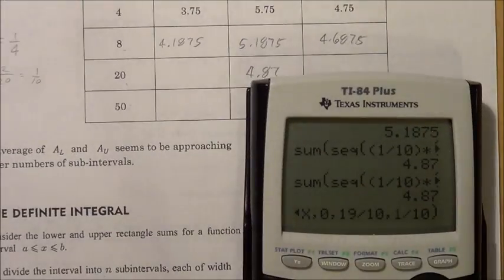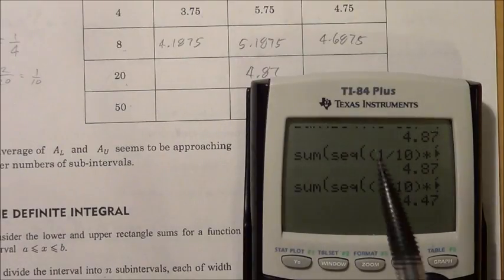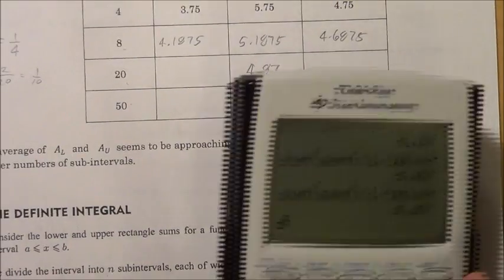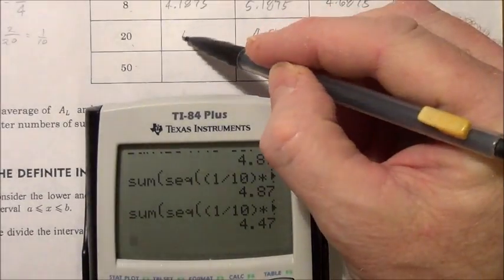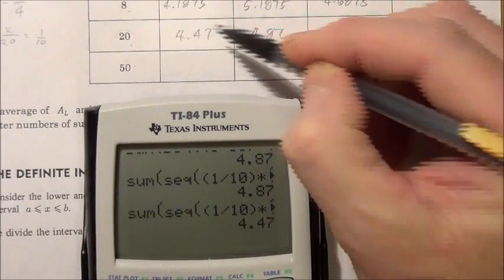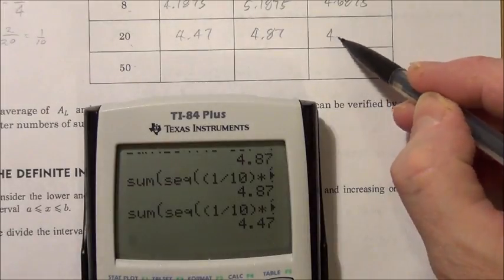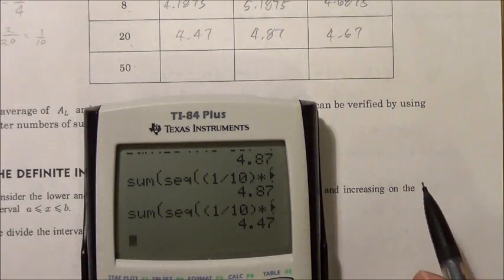I enter, and we get 4.47 square units. Taking the average of those, you get 4.67 square units.